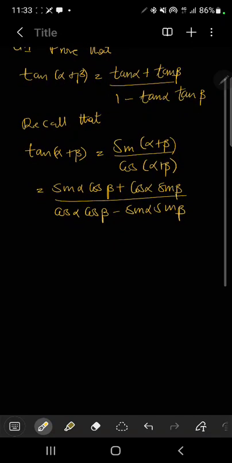Comparing the two, where there is a 1 there, we have cos alpha cos beta here. So for us to get a 1 here, we need to divide this part by cos alpha cos beta, isn't it? That's the only way we can get a 1 here.